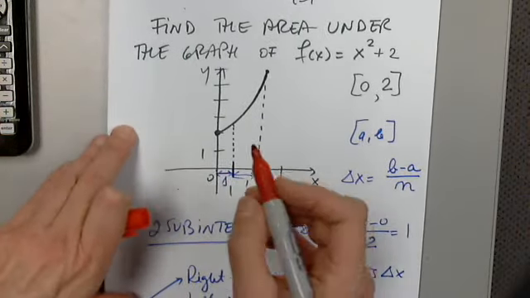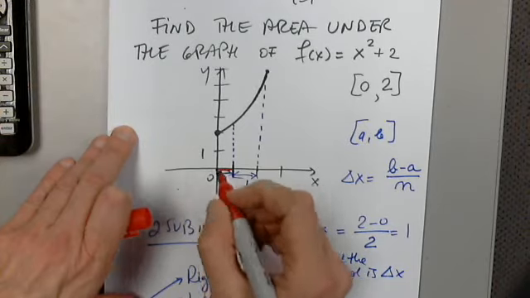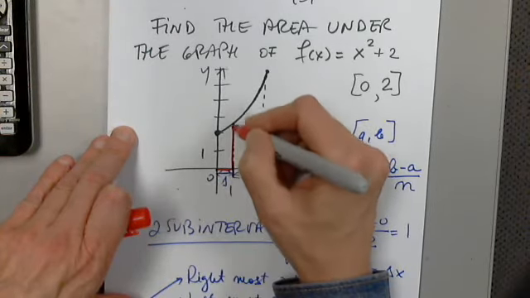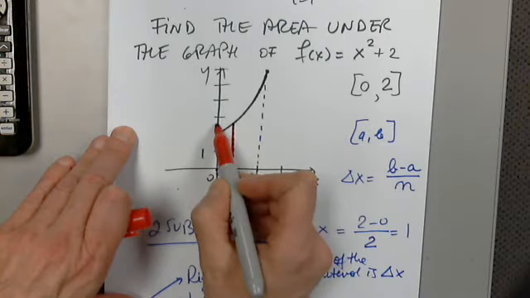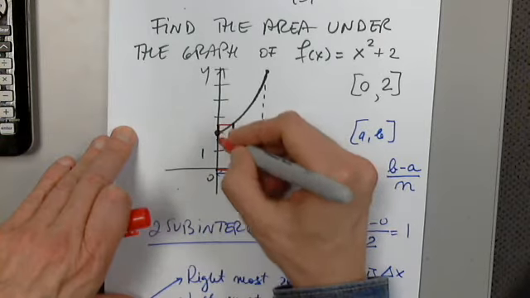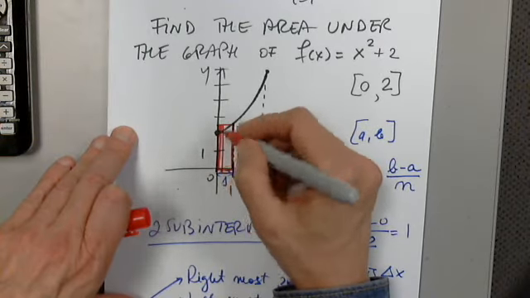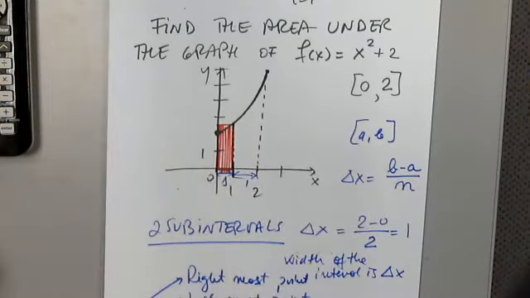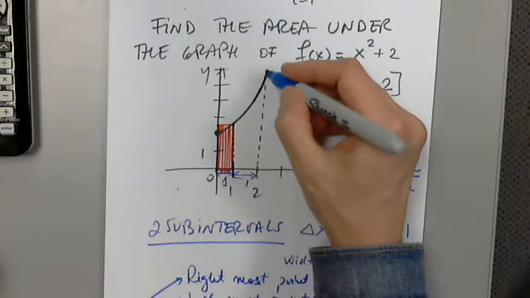So here's the area of the first rectangle. Base times height. I'm using the rightmost point. Here is the rectangle on top of the first width. Here is the next one.